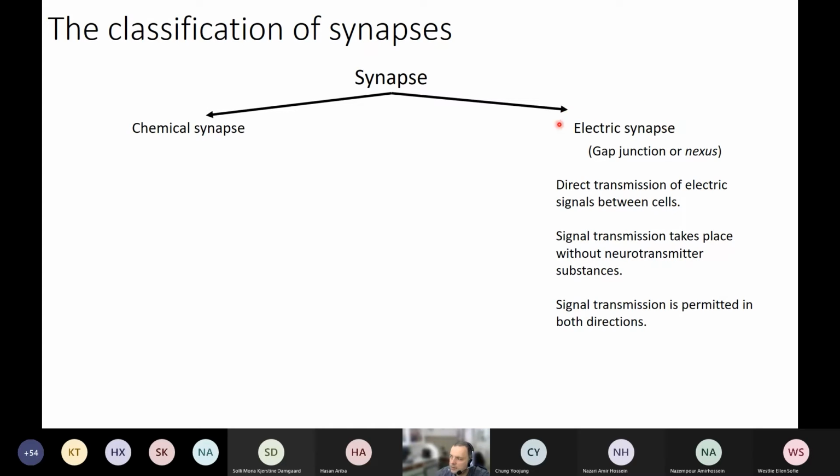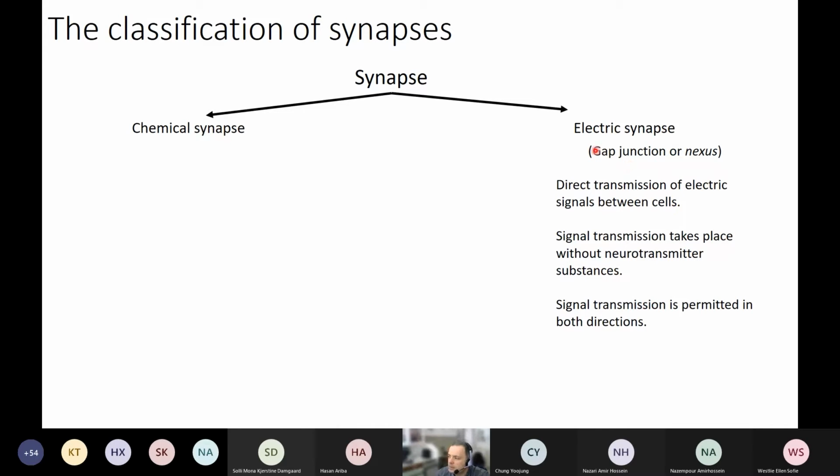Electric synapses are found in higher number in primitive creatures, but this doesn't mean that in higher order animals, in mammals, or in humans, non-human primates, you wouldn't find them. They are also found in the human nervous system, but we have more chemical synapses, or their significance is at least higher.